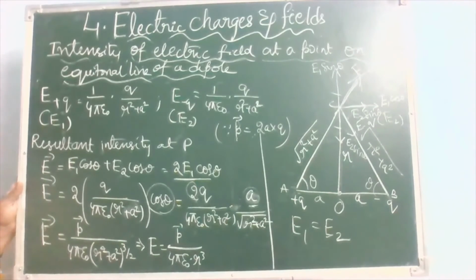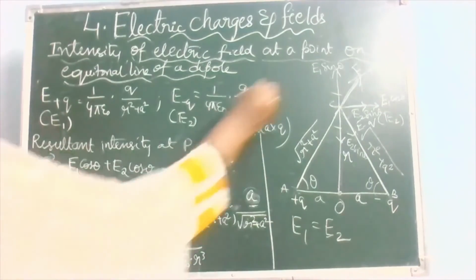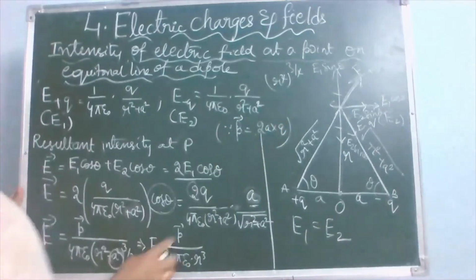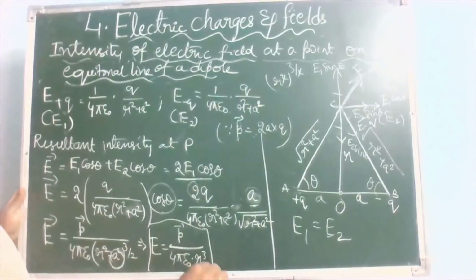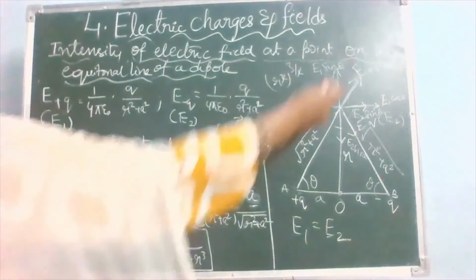Now if this A square is negligible, as A is very much less than R, then we have R square whole to the power of 3 by 2, the 2 gets cancelled, and we get R cube.